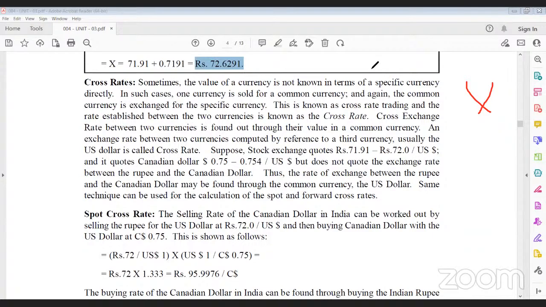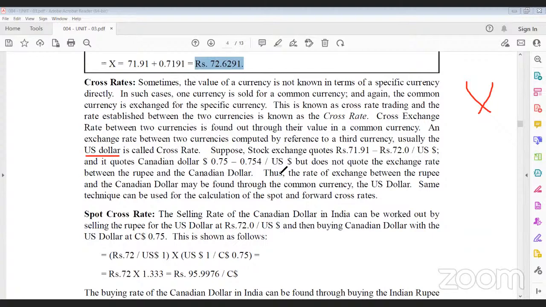This exchange rate between currencies, computed with reference to a third currency, usually the US dollar, is called the cross rate. The US dollar is considered as the reference in such cases where the information on the value of a currency is absent. We do not know the rate for that currency pair, so we apply the cross rate, which is all about the rate at which it is traded between two currencies.